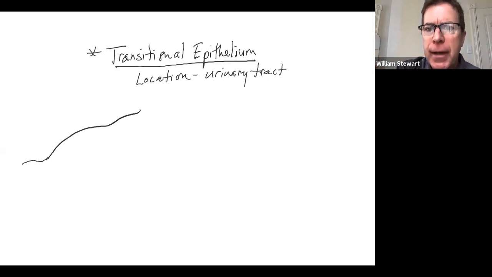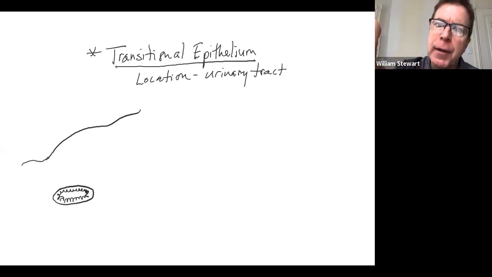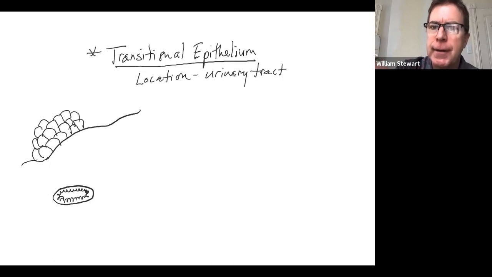When the tissue is relaxed, so if I have the urinary bladder, it's just a big sac. The inside lining of the bladder is what we're talking about in here, okay? So now I'm going to blow that up. And the cells, when the bladder is empty, are these round, plump cells like this. And they literally look like it's a stratified layer, and they're all piled up on top of each other.